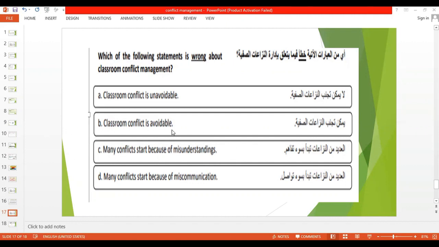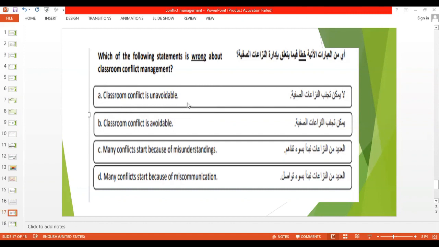B. Classroom conflict is avoidable. Is this a correct statement? Let us check A and come back. A. Classroom conflict is unavoidable. Is this a correct statement? Yes, this is a correct statement. Classroom conflict is unavoidable.